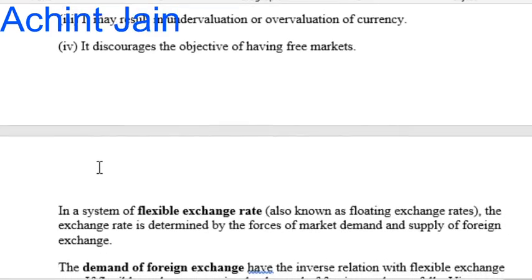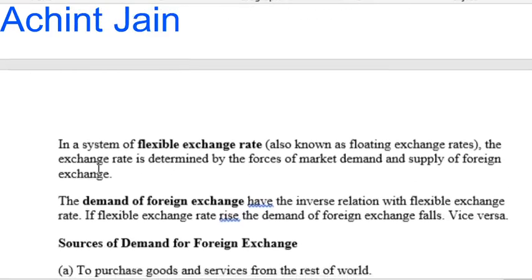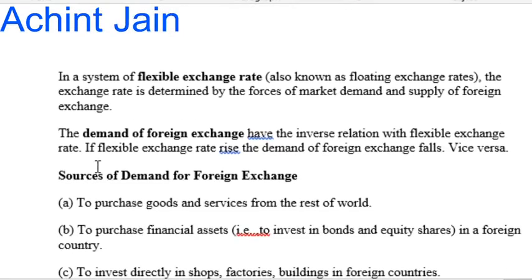Now, the next exchange rate system is the flexible exchange rate system. It is that rate which is determined by the demand for and the supply of different currencies in the foreign exchange market.